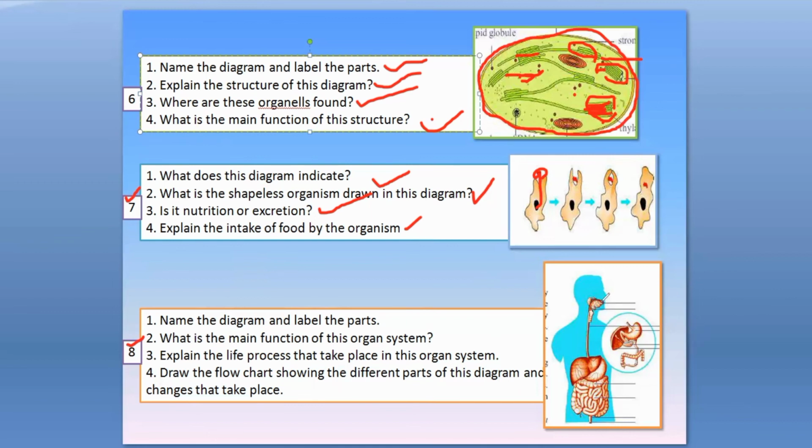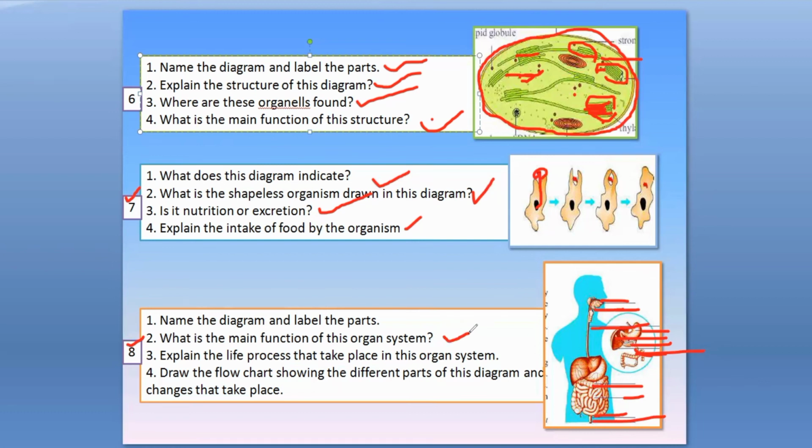The parts are the mouth, pharynx, esophagus, stomach, liver, pancreas, duodenum, small intestine, large intestine, rectum, and anus. What is the main function of this organ system? The main function is digestion.